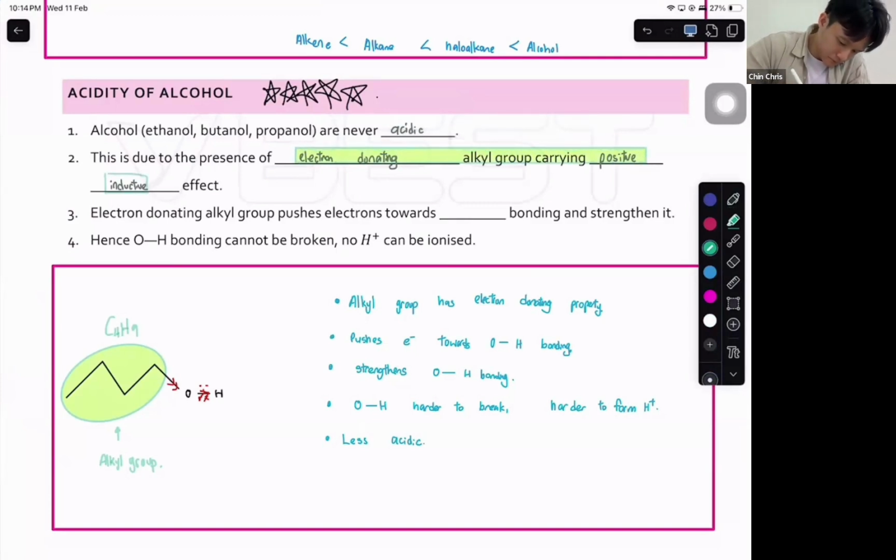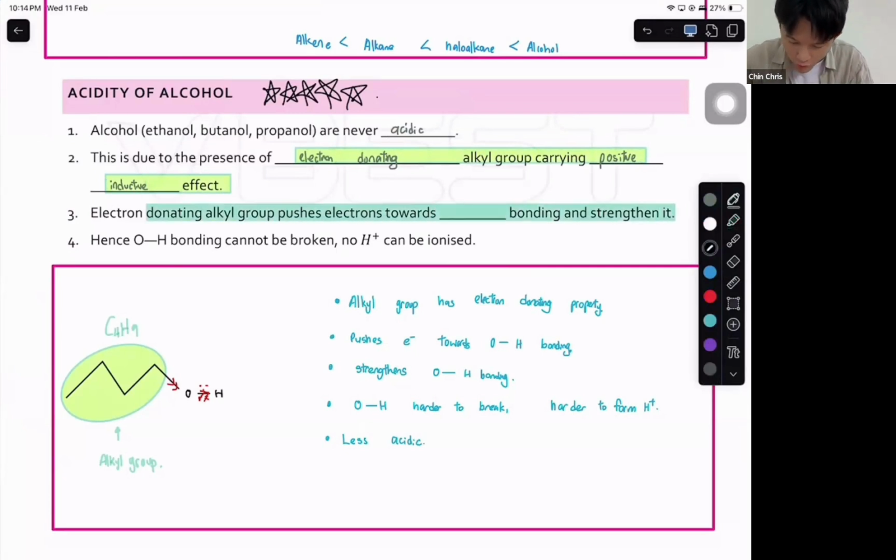Correct. So it pushes the electrons towards OH bonding and strengthening it. Okay, so it cannot be broken, H plus cannot be ionized. That's it. So it doesn't form a H plus.